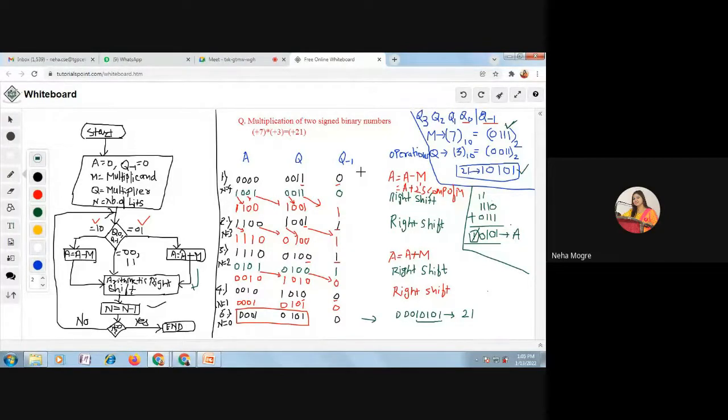Okay, just take the number as plus 19, I'm writing here, plus 19 and plus 3 maybe. Just check whether you get the answer or not by performing this method.